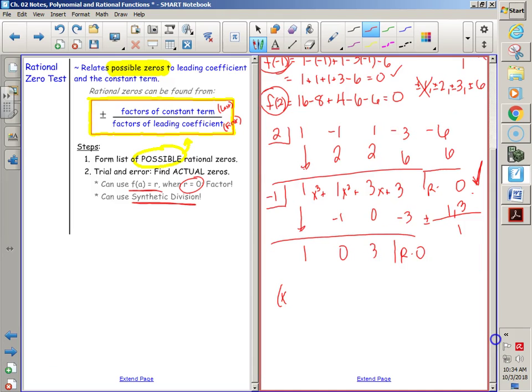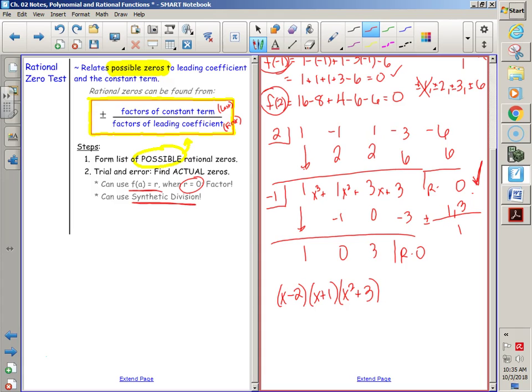I have the factor x minus 2, that's the 0. x plus 1, and now x squared plus 3. Should I even keep looking for any more rational zeros if that's all that's left? No. That's going to be x equals plus or minus square root of 3i. Not rational. I found my only 2. I'm done.